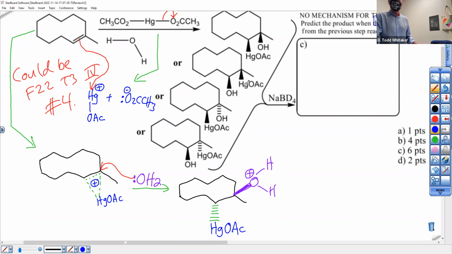Wrong, wrong. That's got wrong regioselectivity because the O is in the wrong spot and the mercury is in the wrong spot, and wrong stereoselectivity. Syn instead of anti. This is the guy. OH on the more substituted carbon. Mercury on the other side of the ring. You made 50% this one, and 50% its enantiomer. I'm going to just pretend I drew the enantiomer.